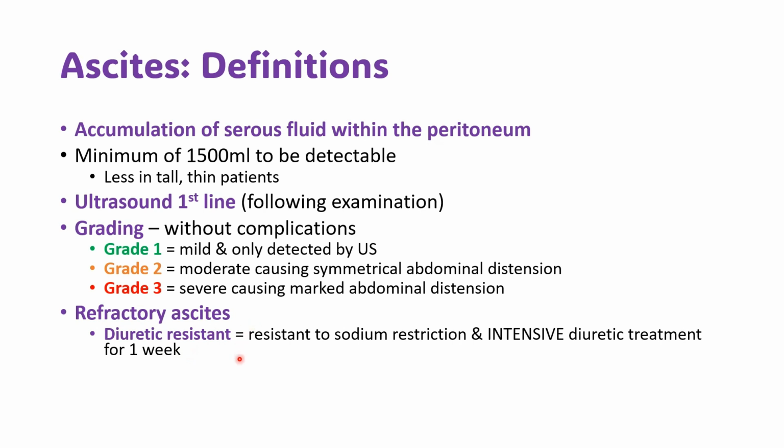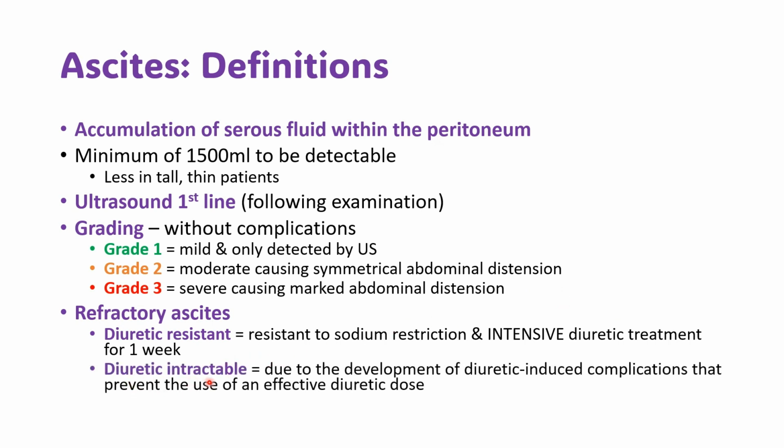We're going to learn more about the types of diuretics that are used, such as spironolactone, and an intensive diuretic treatment could suggest that you've used, in addition to spironolactone, also something like furosemide. So you're using two types of diuretics.